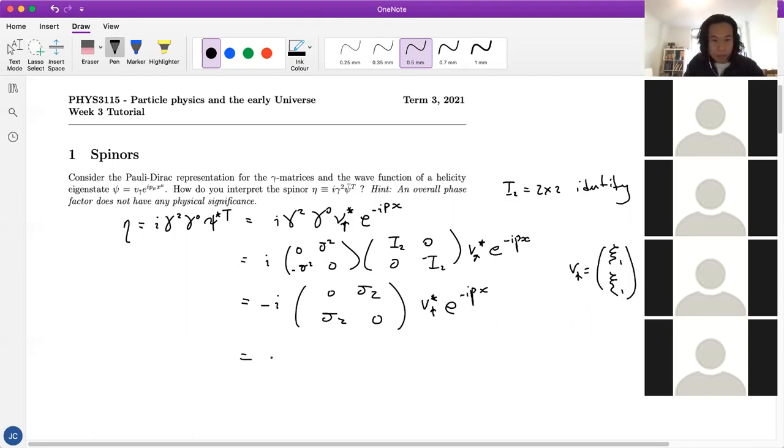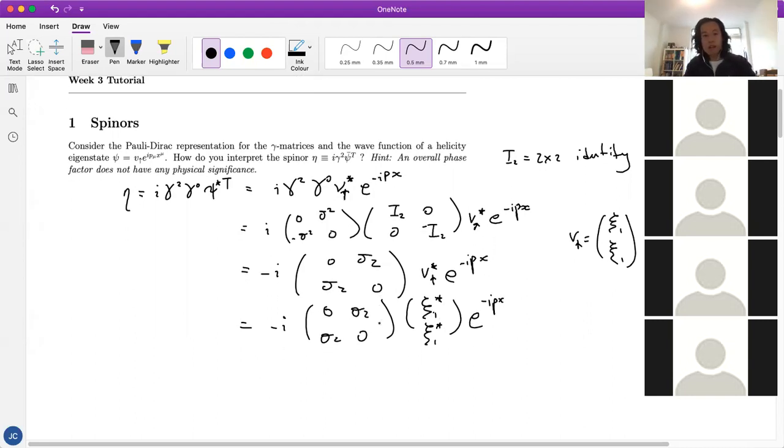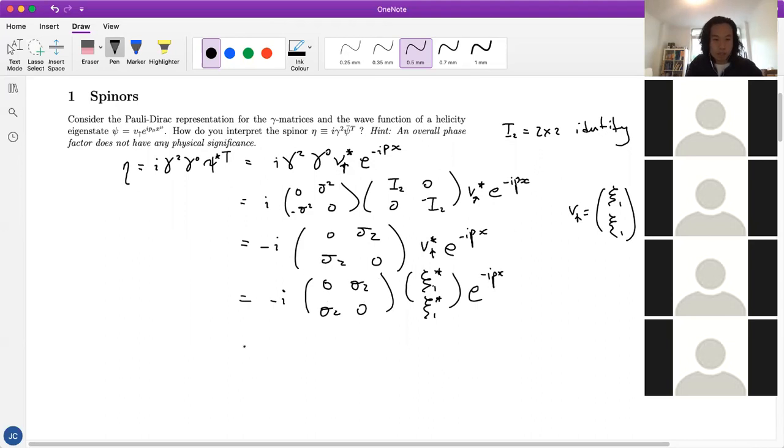So we end up with minus i, 0, sigma 2, 0, both starred, and then e to the minus ipx. Now just multiply these through, and each one of them will pick up a factor of minus i sigma 2 as a coefficient. So you get minus i sigma 2 xi 1 star, minus i sigma 2 xi 1 star.